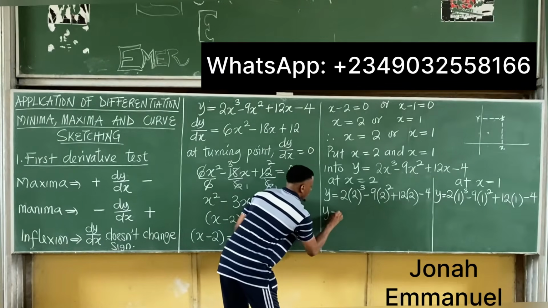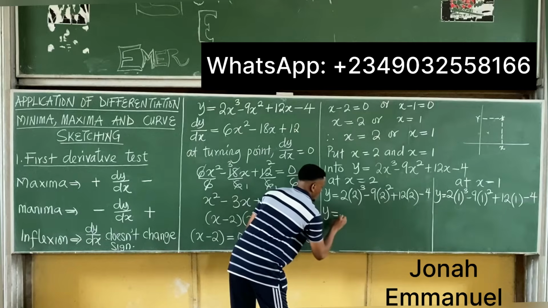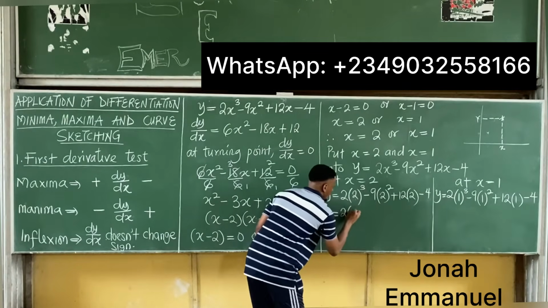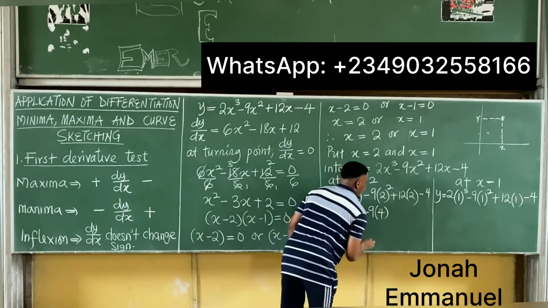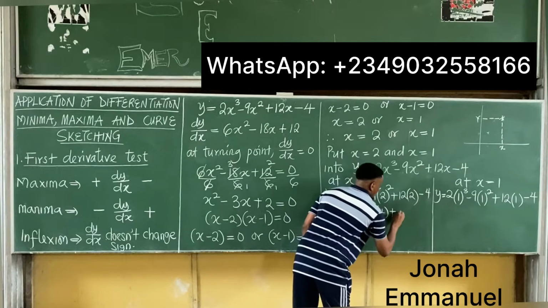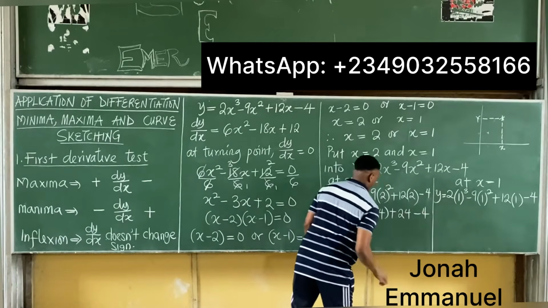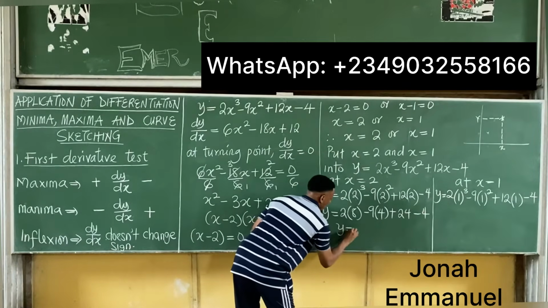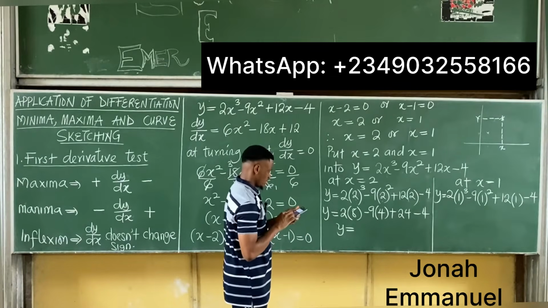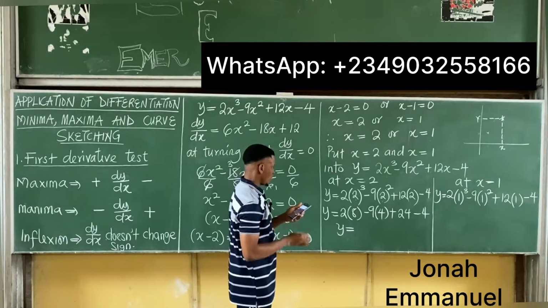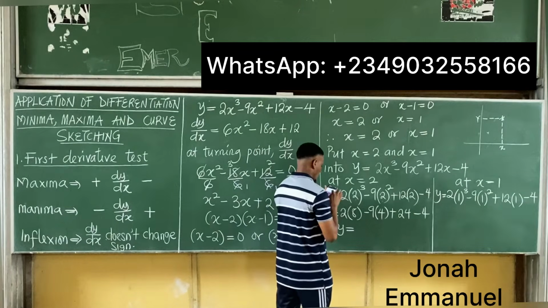From here, y is equal to 2 into 2 cubed, which is 8, minus 9 into 2 squared, which is 4, plus 12 times 2, 24, minus 4. So that becomes 2 into 8 minus 9 into 4 plus 24 minus 4. That is 0.